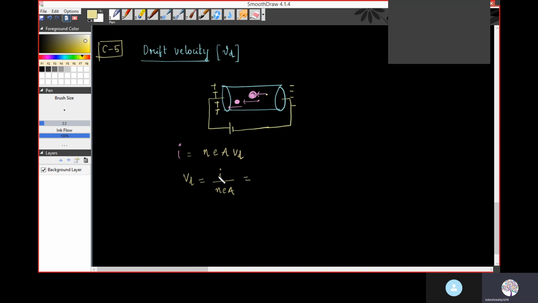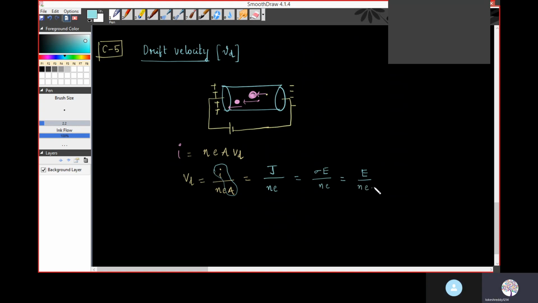Now here we can see that this I by A we can write as J. So Vd is J by ne, and J is equal to sigma E, so I write sigma E by ne. Sigma is 1 by rho, so I can write E by rho ne.